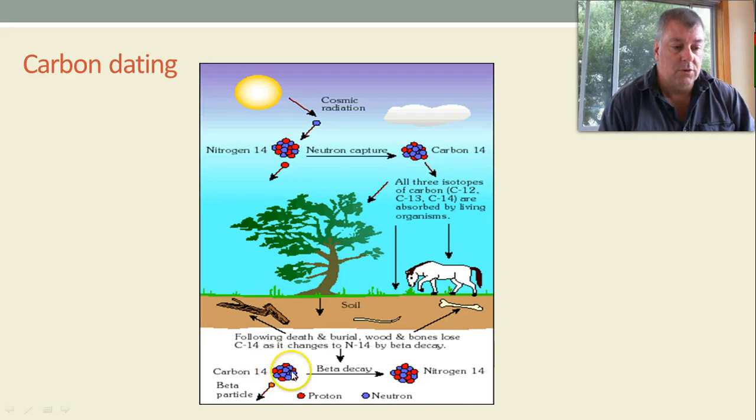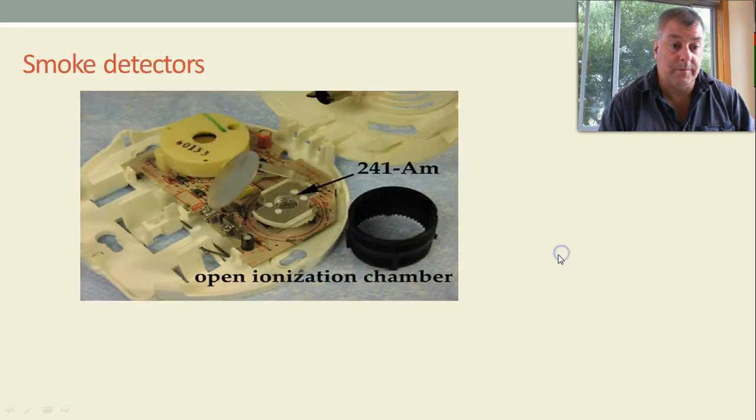So we could look at the half-life. I think it's about 3,000, 4,000 years half-life, and so it decays. And so as soon as something is dead, the carbon-14 starts decaying and the amount of it will decrease, and therefore you can date it. And that's how carbon-14 dating works.